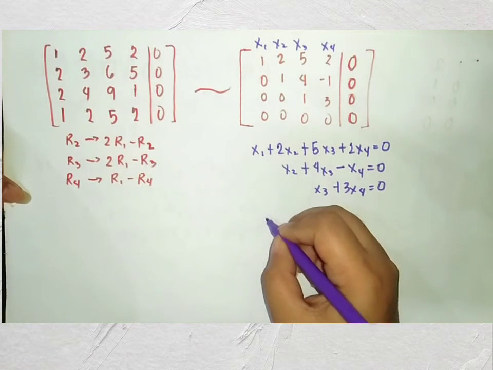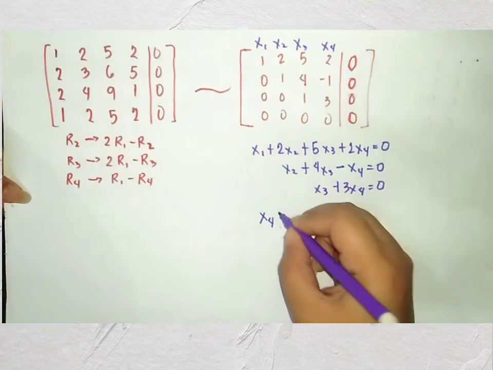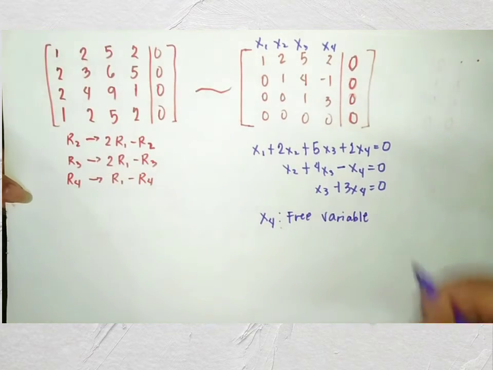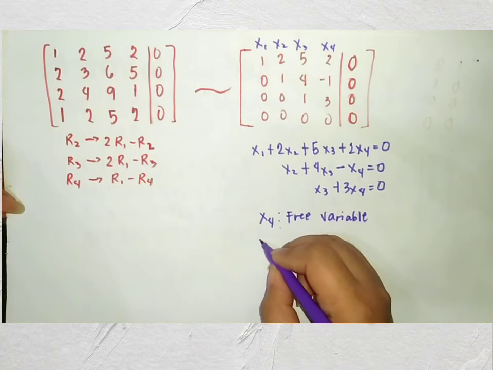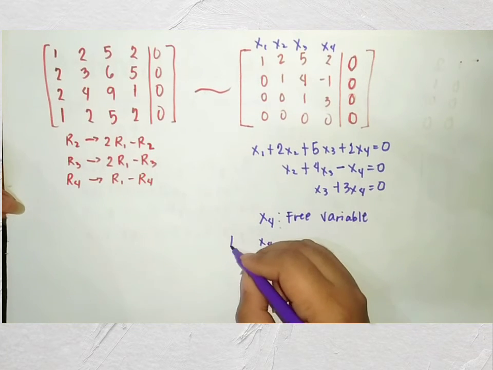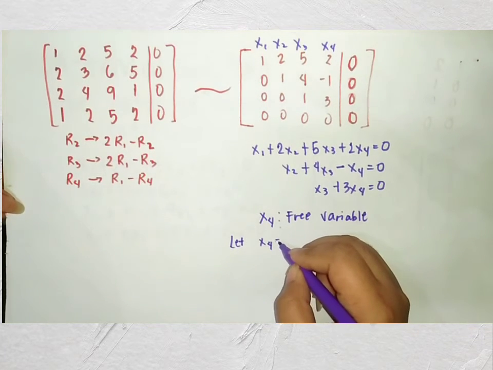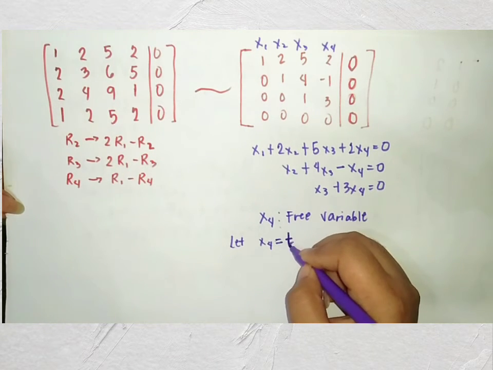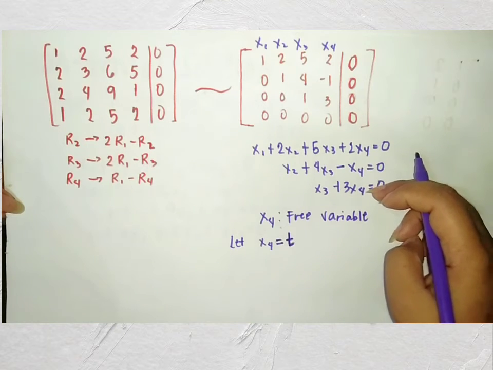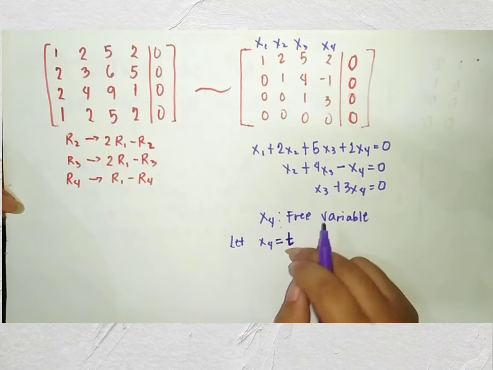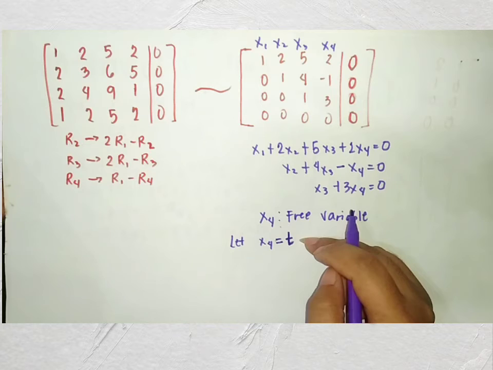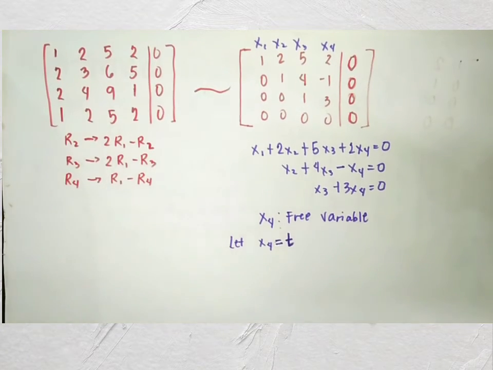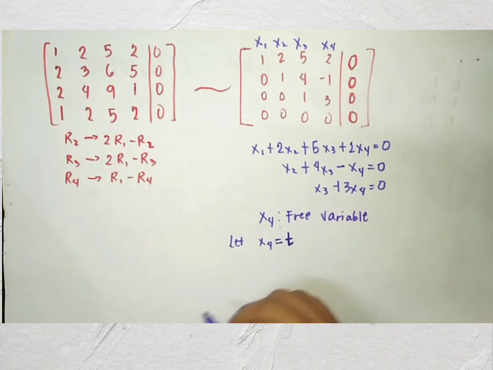So, yung x sub 4 natin is free variable. So, let x sub 4 is equals to t. Dahil maraming x sub 4 dito, kailangan magkaroon ng value ni x sub 4. So, nilet natin siya into equals to t. Pwedeng iba, like s, ganyan. Pero, mas pinili ko yung t.